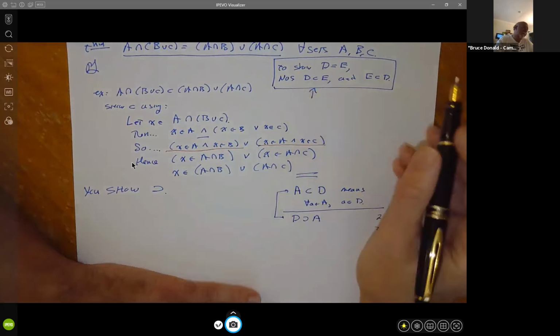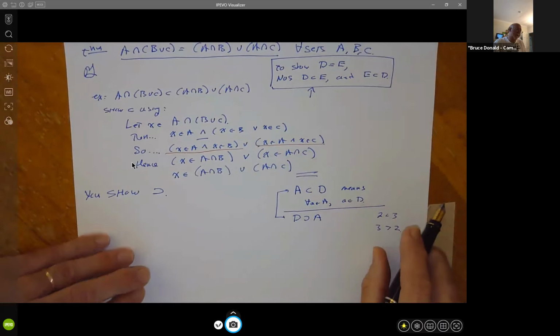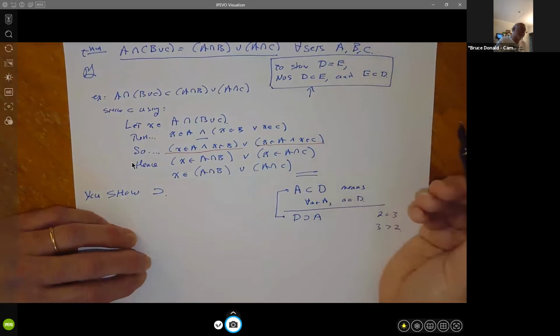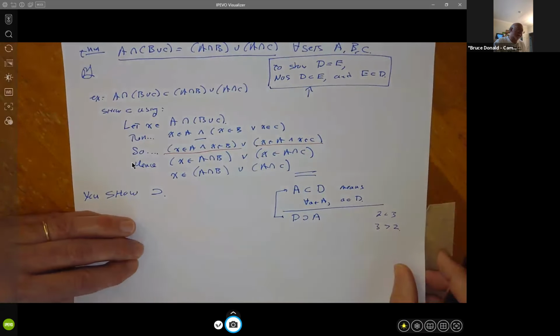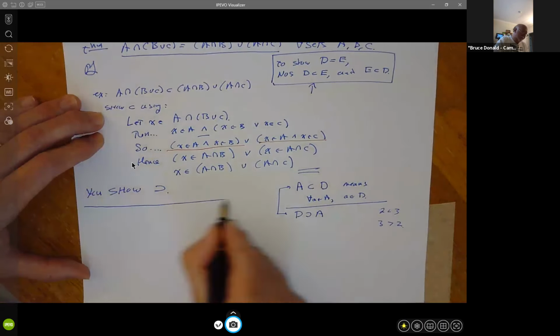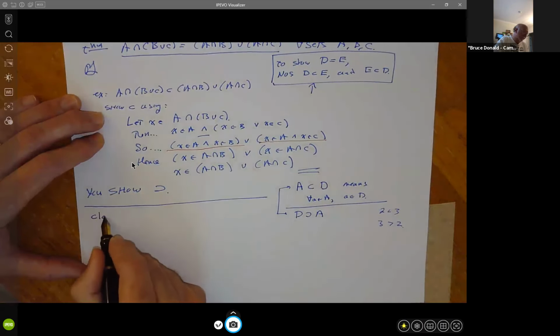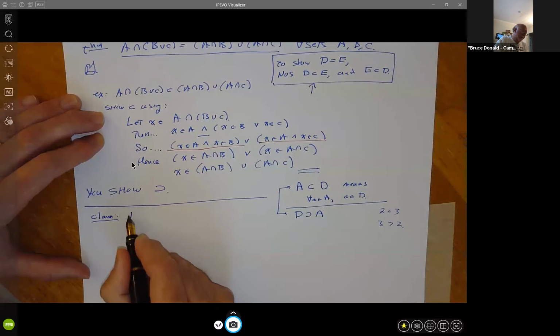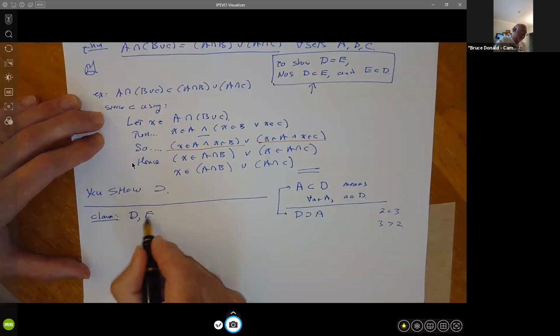Well, yeah, that's a really great point. Let's try to prove that. Let's try to prove that the recipe is reasonable. So this is kind of a meta proof. Claim: let D and E be sets.